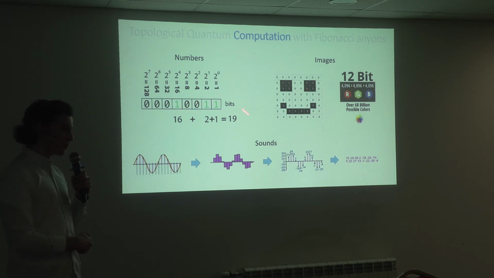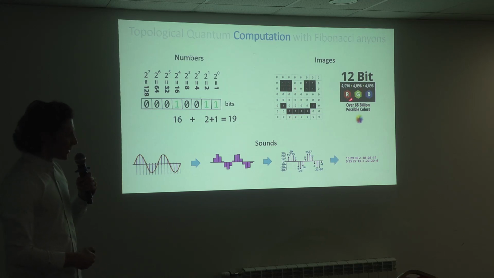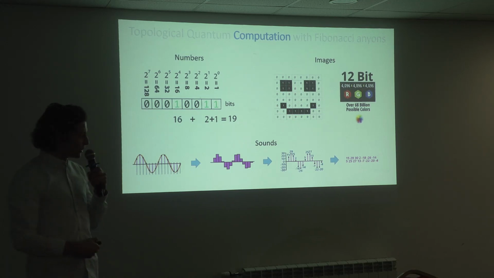This is how every computer sees the number 19, and if we change these bits, we can represent every number in the computer. But not only numbers, also the pixels of an image. And when I say image, I mean this one I found on the internet, not just black and white, but colorful full HD images with all the shades of red, green and blue, or at least 68 billion.